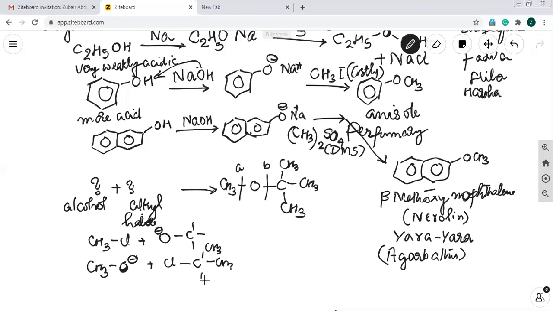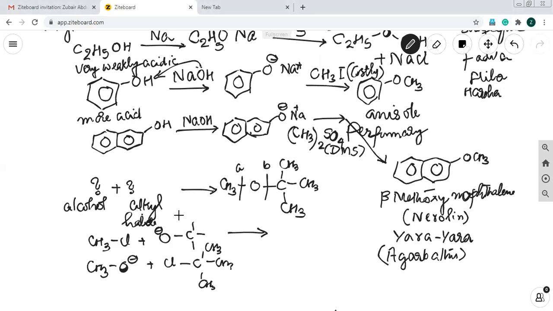These are the 2 possible starting materials: tertiary alkyl halide and methoxide ion, or CH3Cl and tert-butoxide. Now, which of these two starting materials will give you the product?